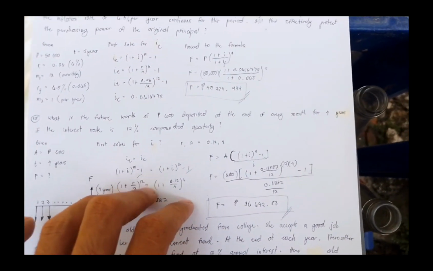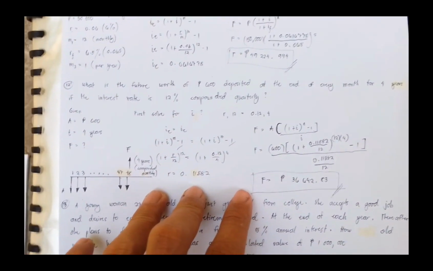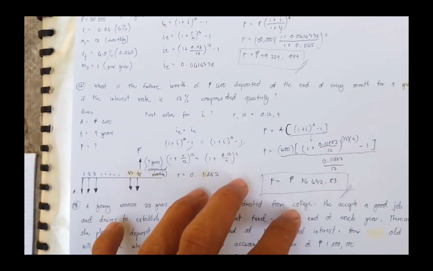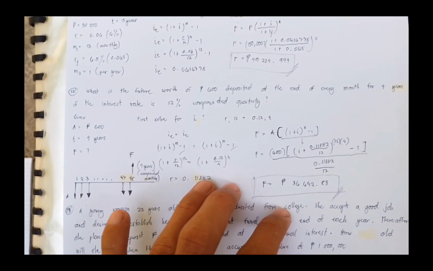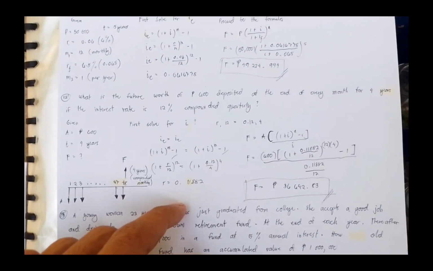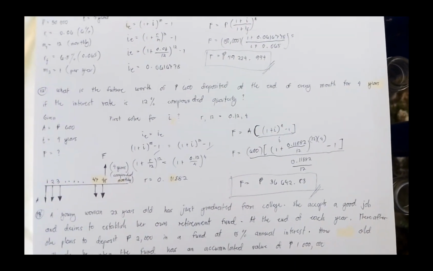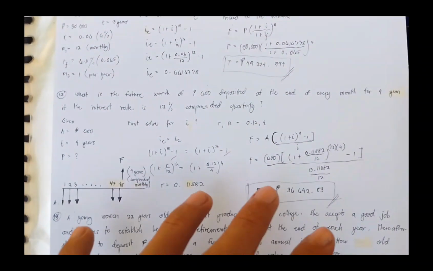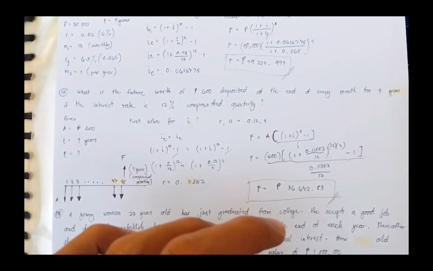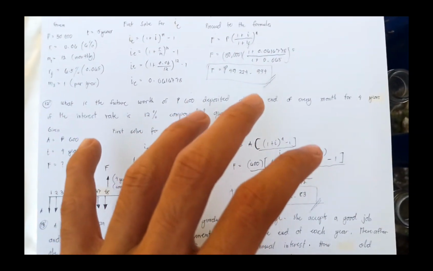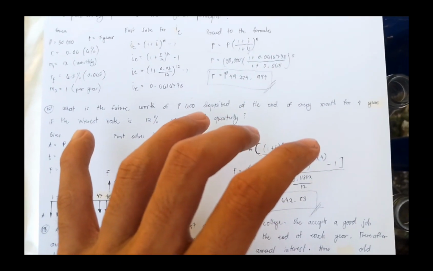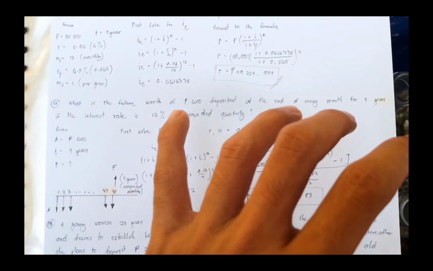Now, using calculator, shift solve, we could get R is equal to 0.11882 or 11.882%.